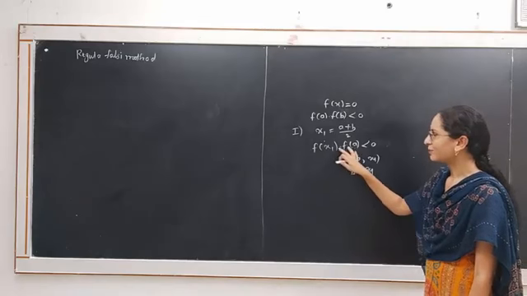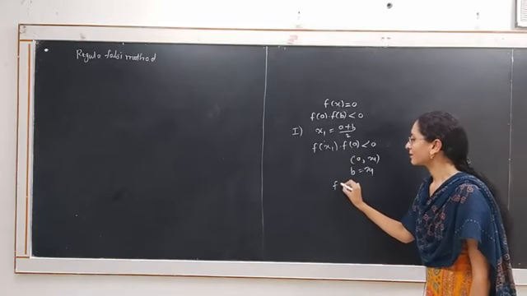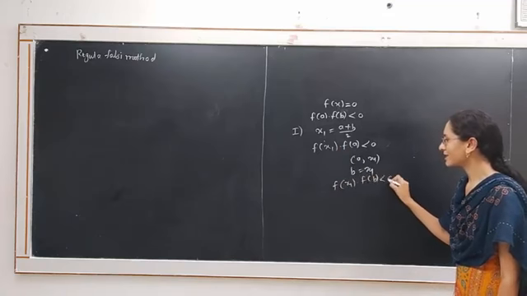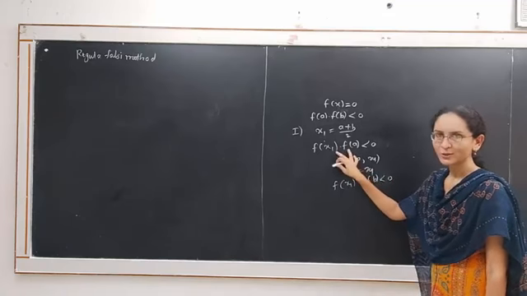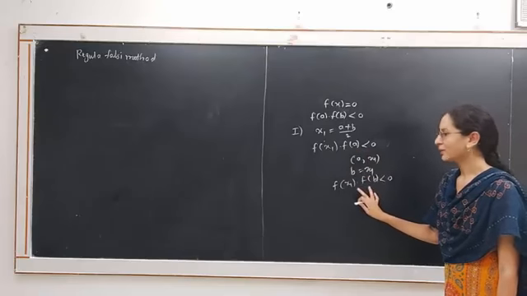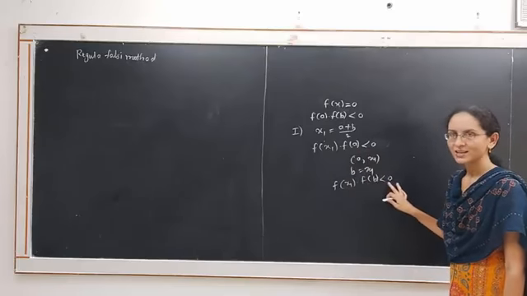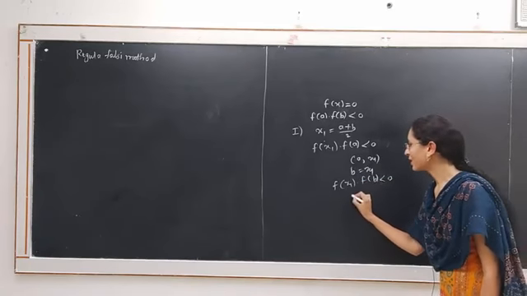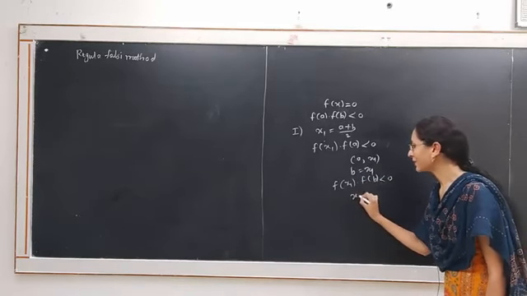Otherwise, the second possibility is that the sign of f of x1 into f of b is less than 0. If f of x1 into f of a is positive, then f of x1 into f of b will be negative. This means the root lies in the interval x1 to b. Then we take a equal to x1 in the next iteration. So in the first iteration there are two possibilities.